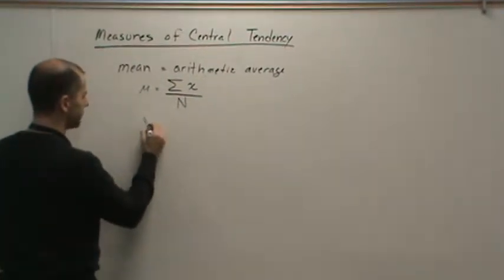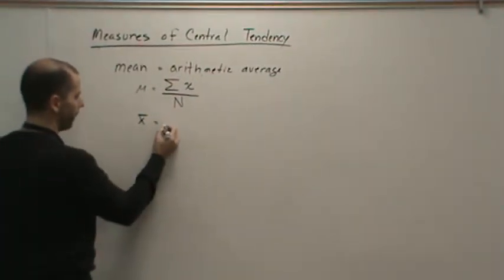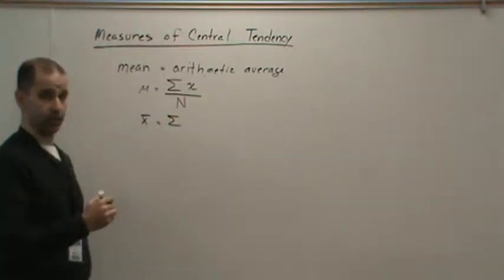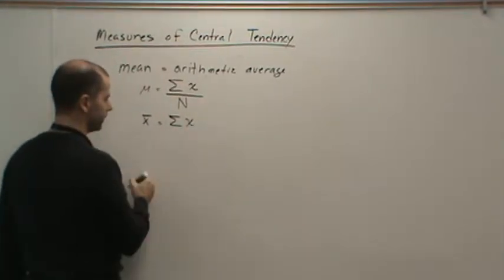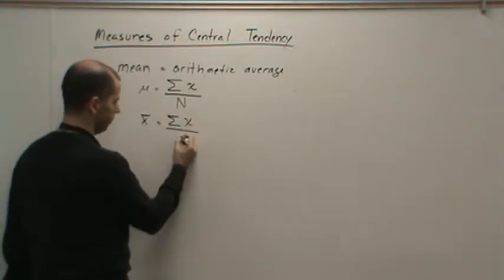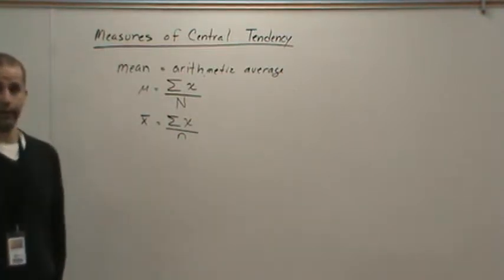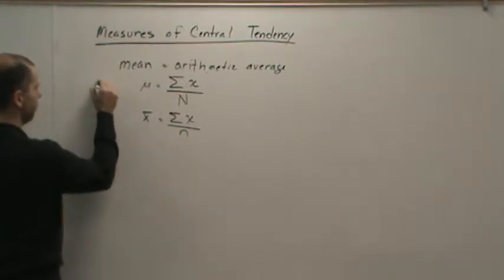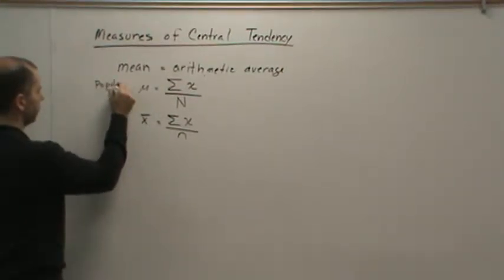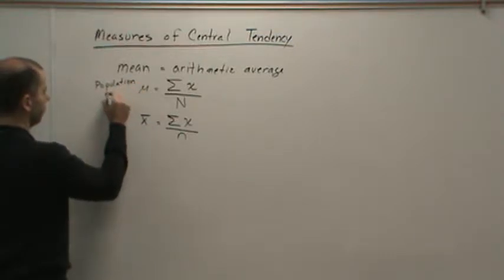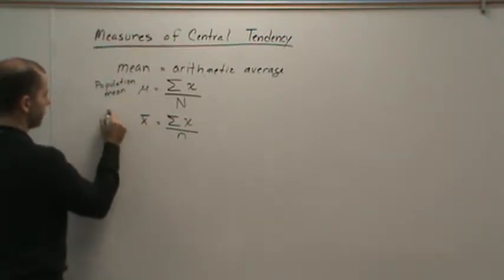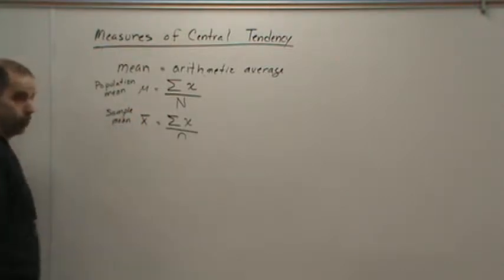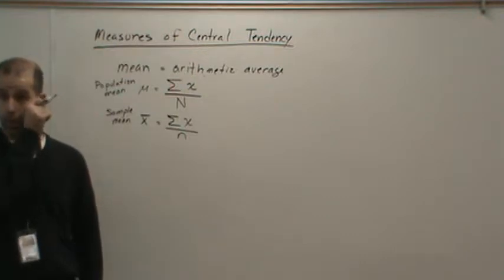To calculate the sample mean, x bar, the formula is the summation of all of the values of x in the sample, divided by small n, lowercase n. So this is the population mean formula, and this is the sample mean formula. Know them both.